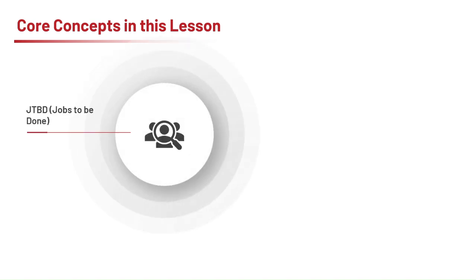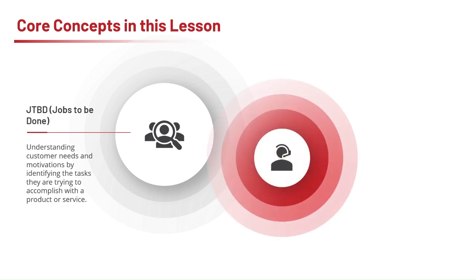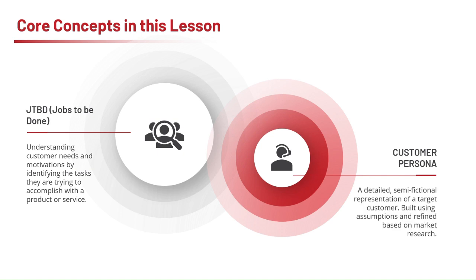Jobs to be done: understanding customer needs and motivations by identifying the task they are trying to accomplish with the products or services. Another is the customer persona, a detailed fictional representation of a target customer, built using assumptions and refined based on the market. These are the core concepts we are going to discuss.